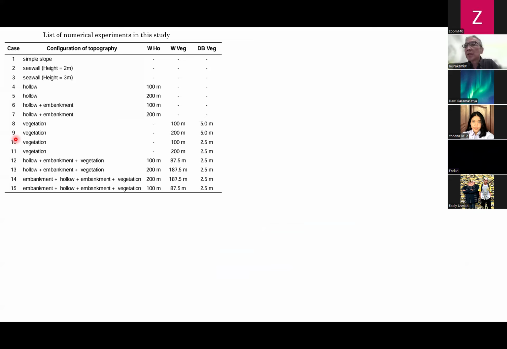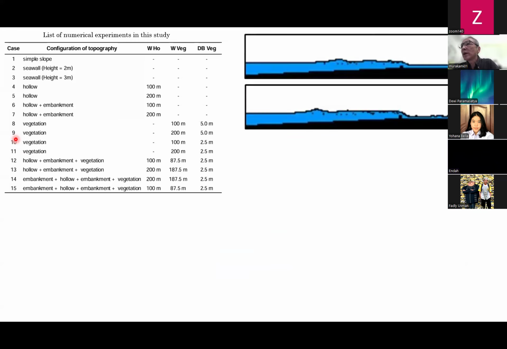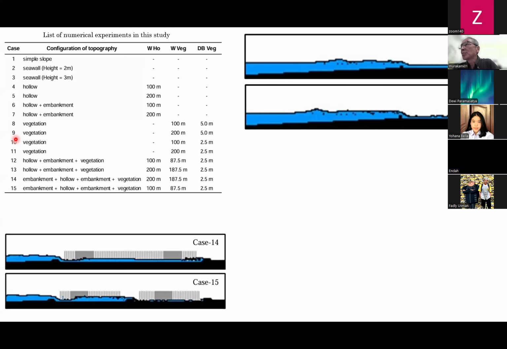And in his research activities, this calculation, as shown in these figures, makes it possible to reproduce the way in which a tsunami changes its waveform as it travels through complex topography, including coastal vegetation.